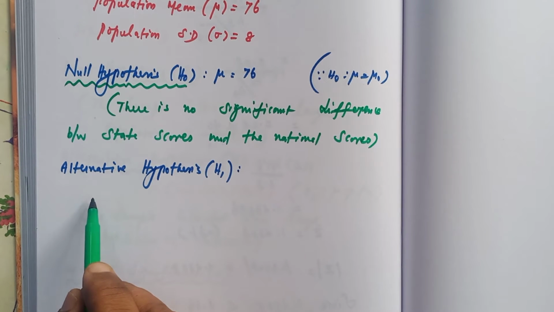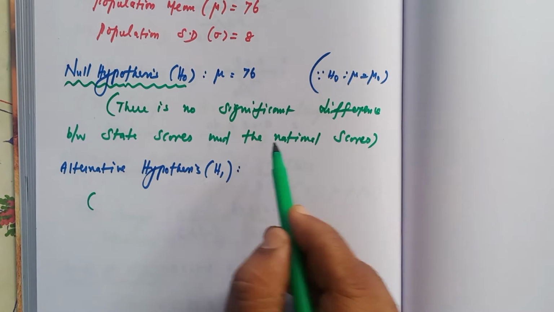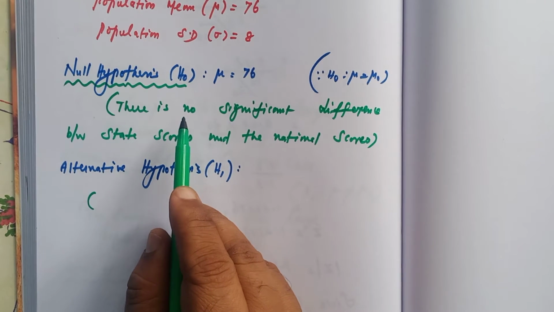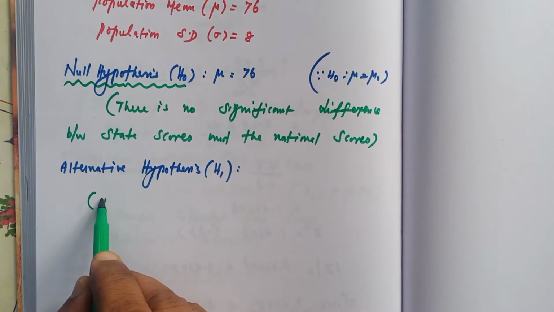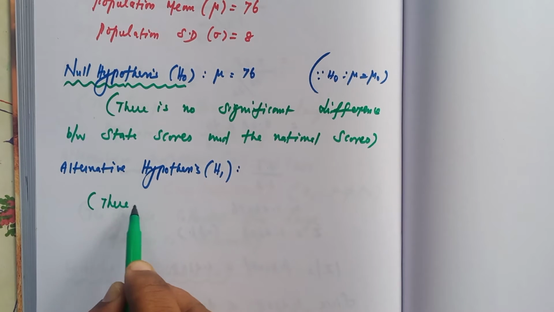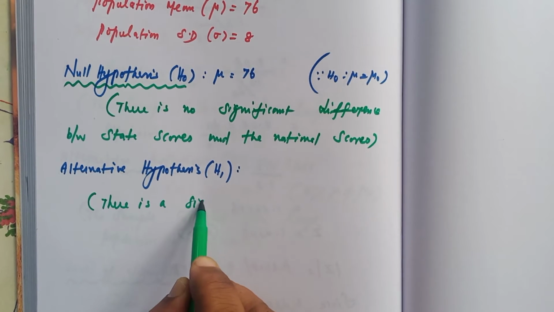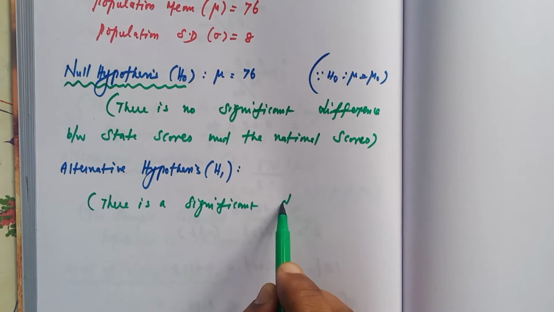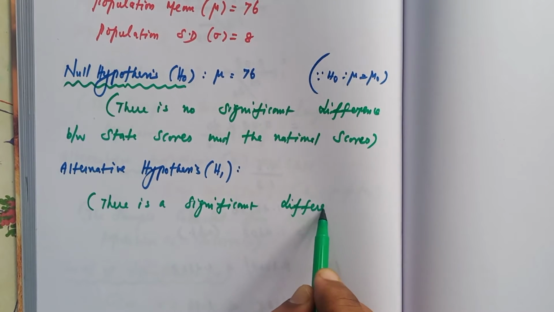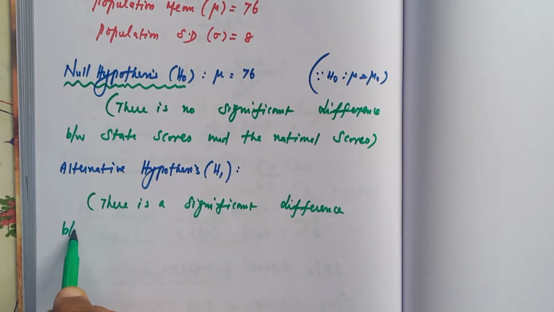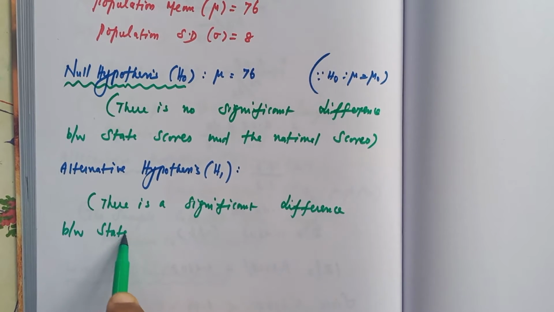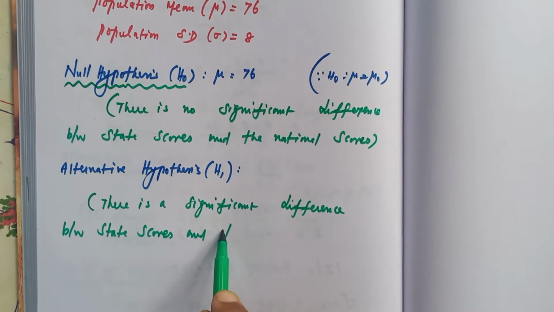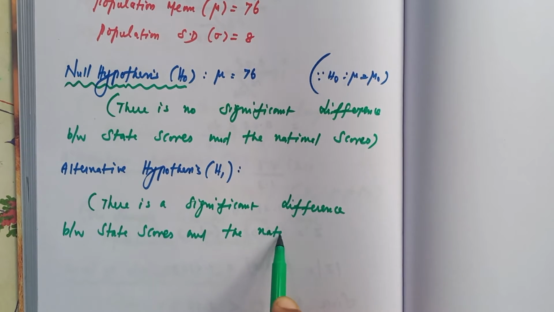Here the complement statement is, there is a significant difference between state scores and the national scores.